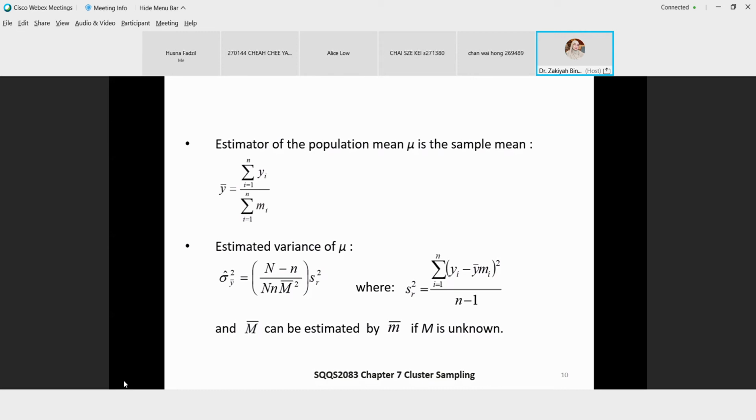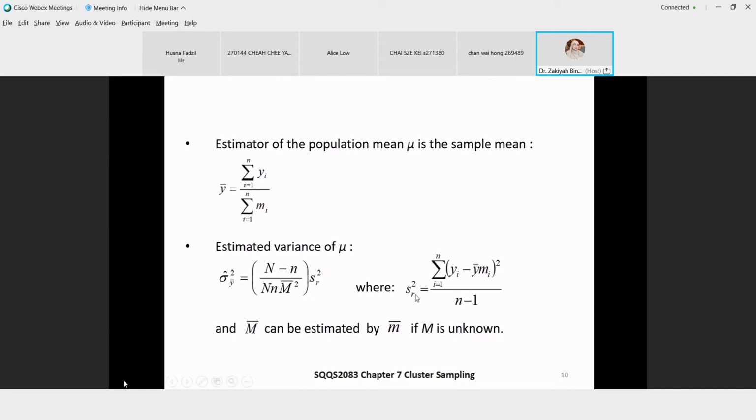Okay, so the estimated variance of, that's a typo there. Guys, that's not the estimated variance of mu, that will be the estimated variance of y bar. So if you have your slide printed out, please change this. I will correct this slide later on. Because it's based on the subscript there, it is y bar, the estimated mean itself, not the population mean. Of course, you assume that they're identical.